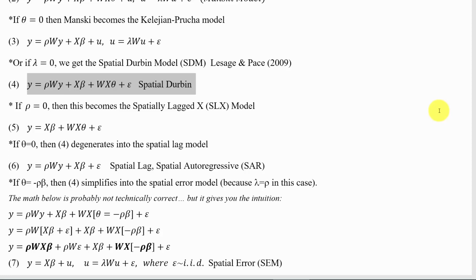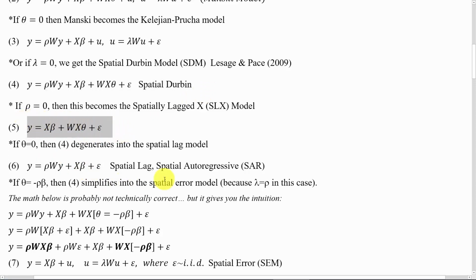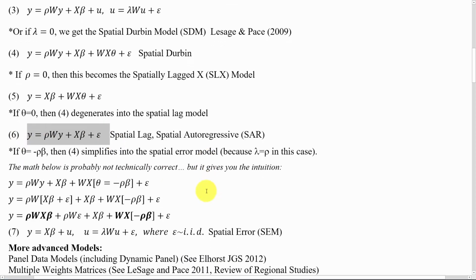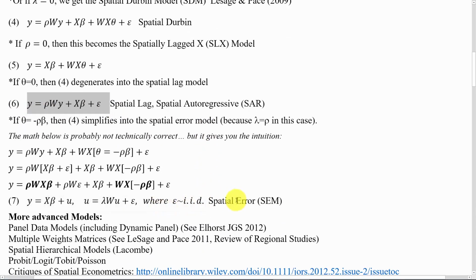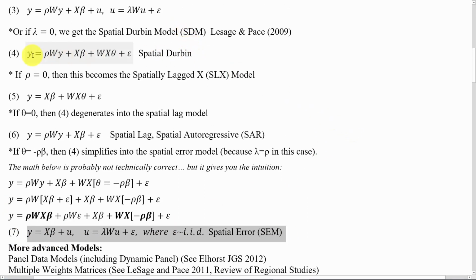And then you should test to see, would it make sense to restrict the spatial Durbin model? And you can test restrictions in three ways. You can see if a spatially lagged X is more appropriate. You can see if a spatial autoregressive model is more appropriate. Or you can see if the spatial error model is more appropriate. But starting from the spatial Durbin model.